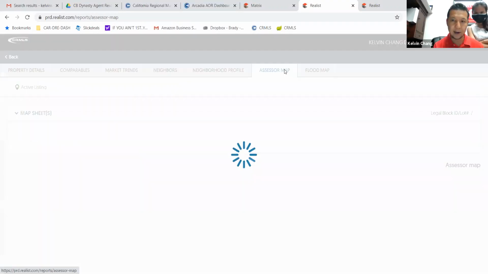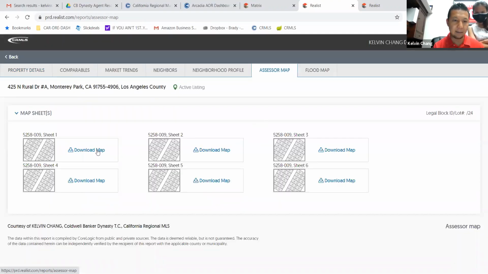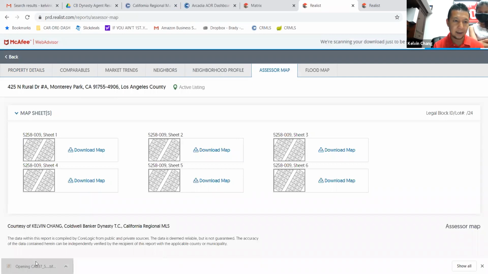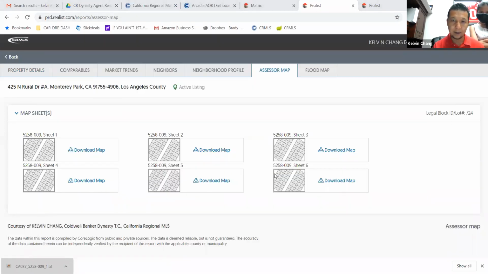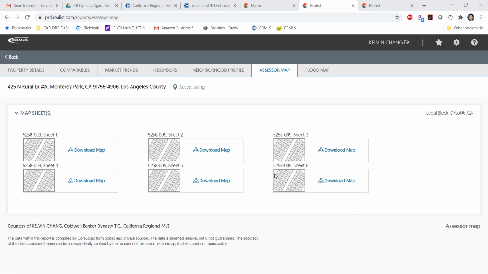So I go to the assessor's map right here. You guys can see the assessor's map. Okay, so I'm gonna pull this up. I have to download this, then I gotta open it. Do you guys see the plat map in front of you? Yeah. Okay, so it looks like it's 57 maybe, around 57.